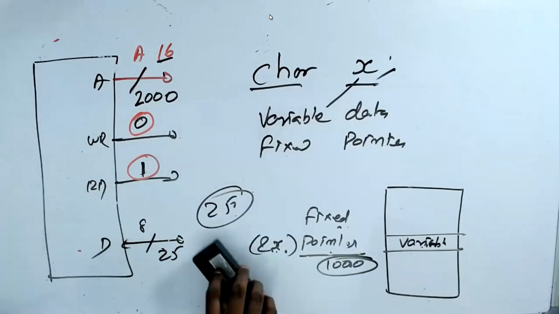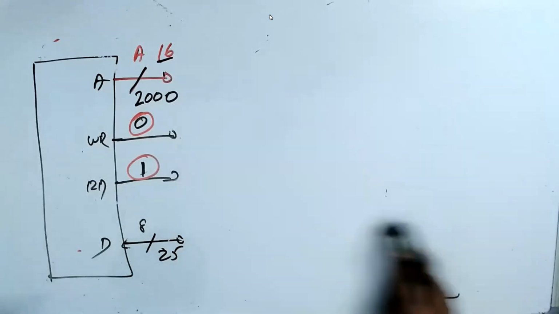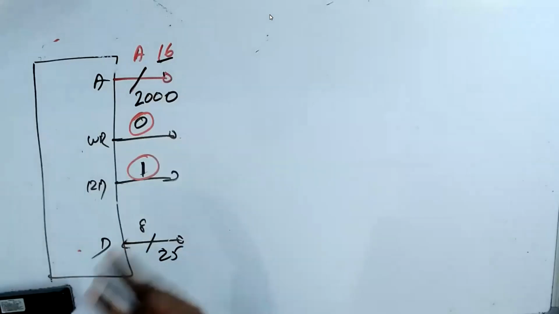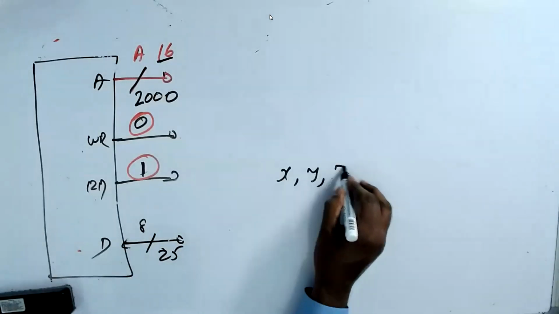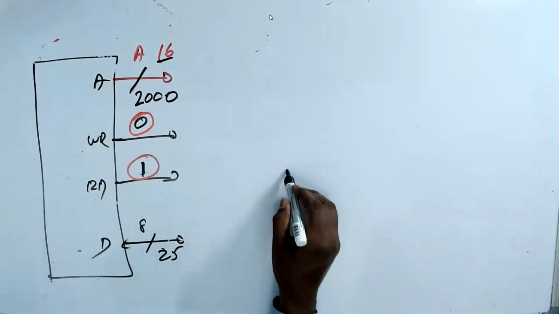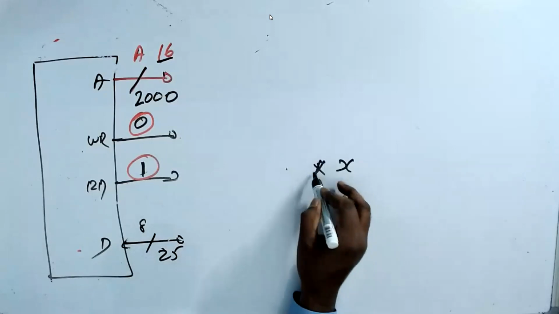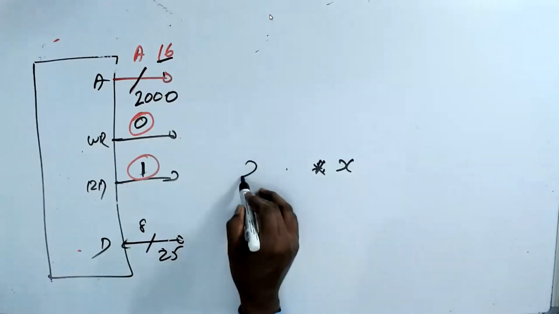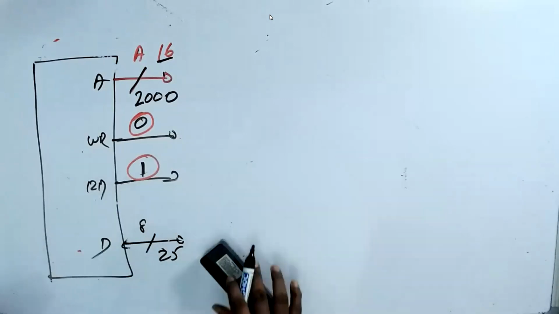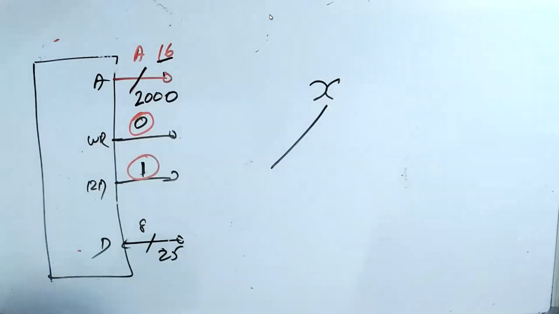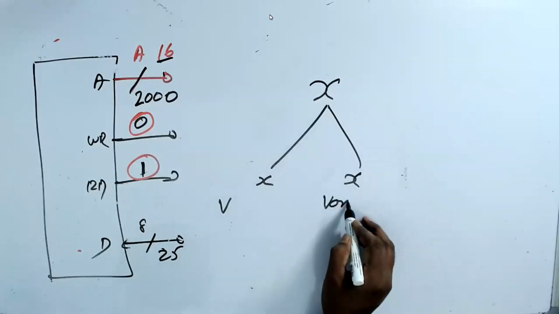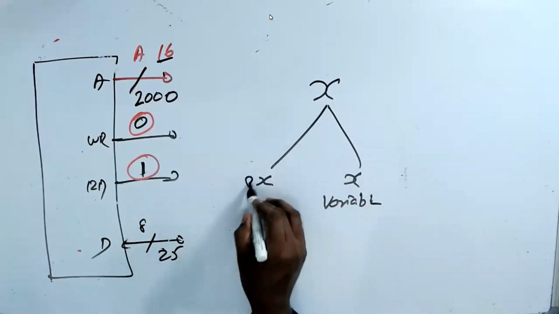Now finally, you know when to use what. When you're writing a program and you don't want to change the address, you can use just variables x, y, z. If you say that you want to write where you like, then you should say *x. So when you define x or *x, in the case of x, the data is variable and the pointer is fixed.